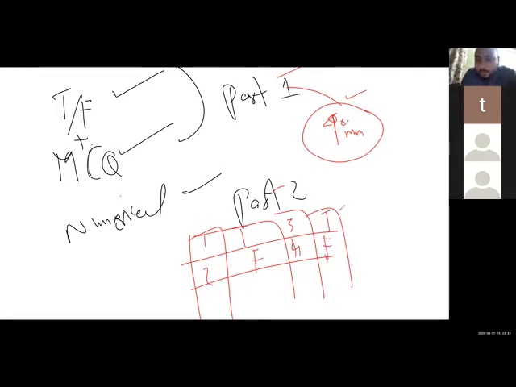You can write it from your computer, or take a picture and send it to me. I'm open to that as well. The answer sheet will have boxes for true, false, or MCQs, so don't worry about that.